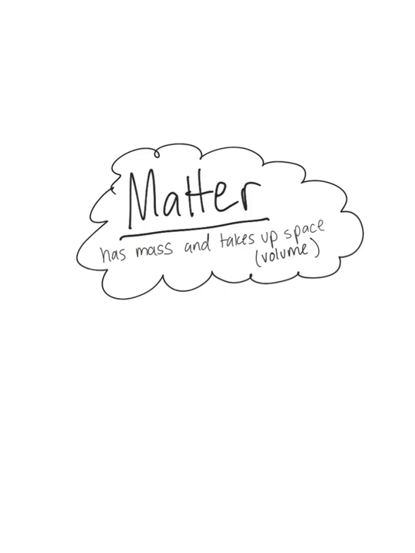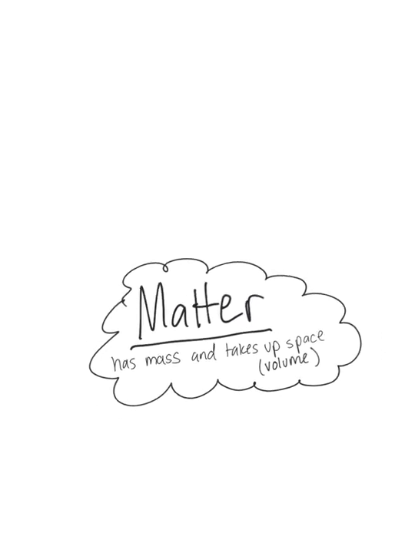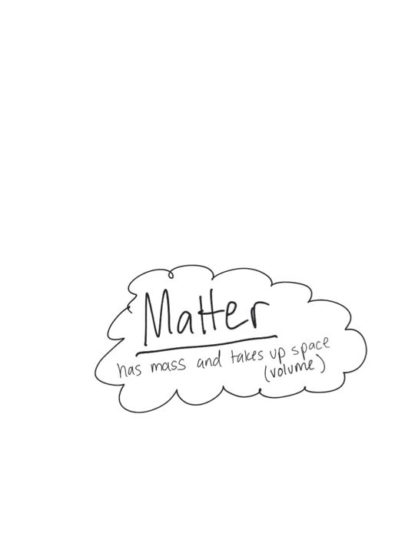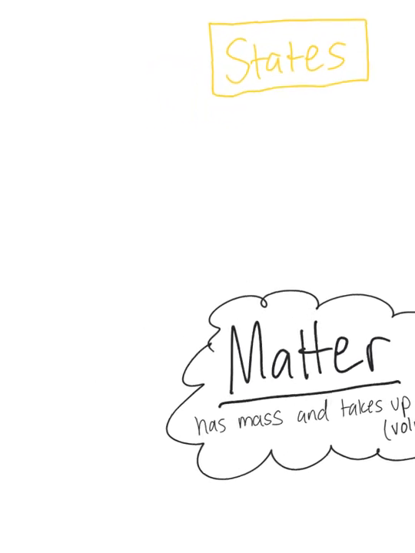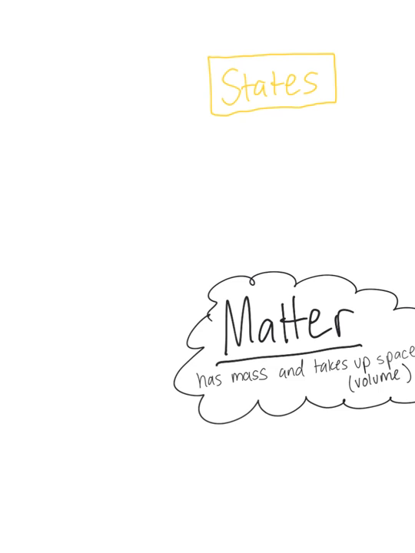So when you think of matter, you might say, well, I don't know necessarily what matter was, but I do know that there are states of matter, in which case you would be absolutely correct. How many states of matter are there? There are 3, okay? 3 main ones that we talk about. For any of you cool kids out there that know that there's technically a 4th one, we never, ever worry about that here in chemistry, so I'm not going to talk about that right now.